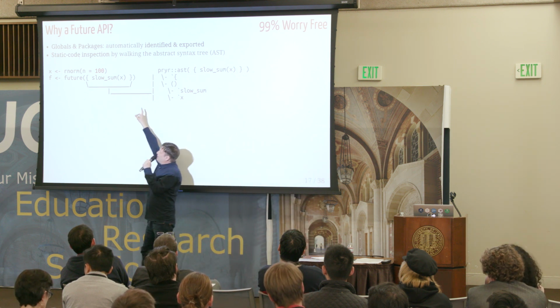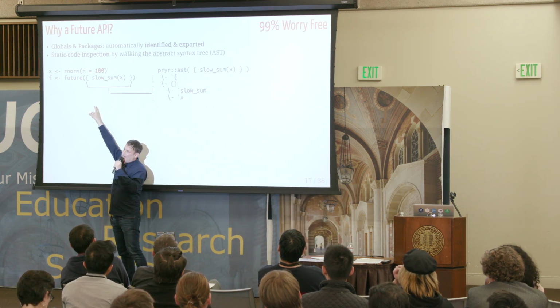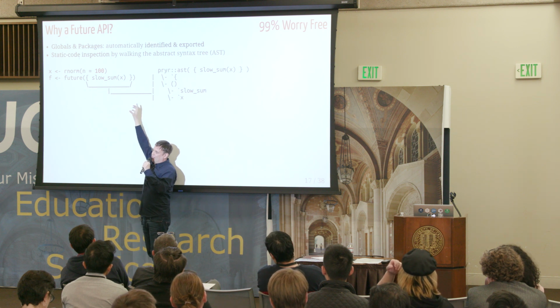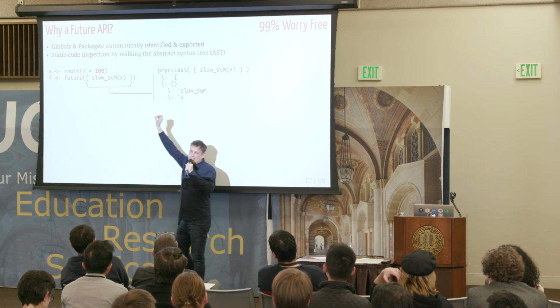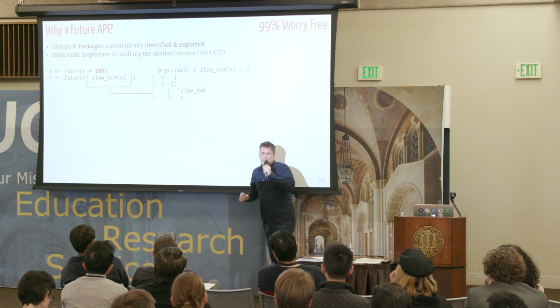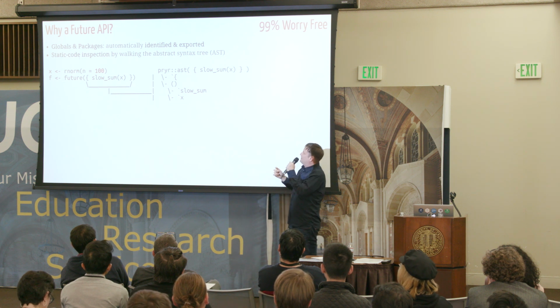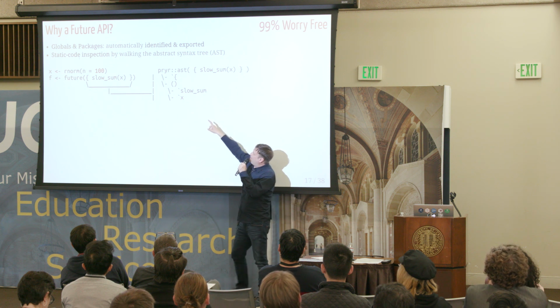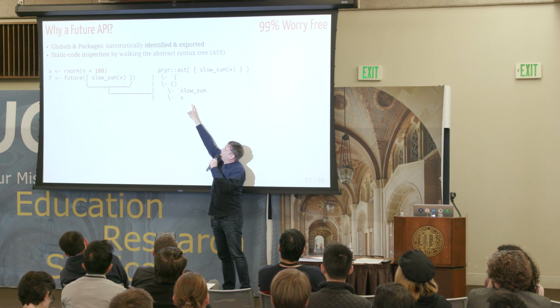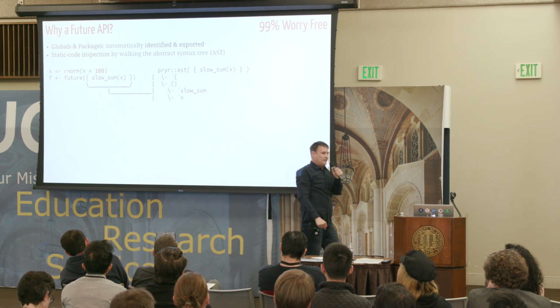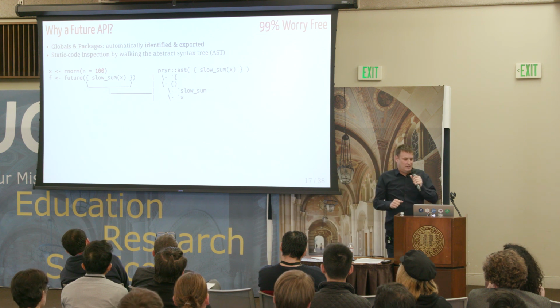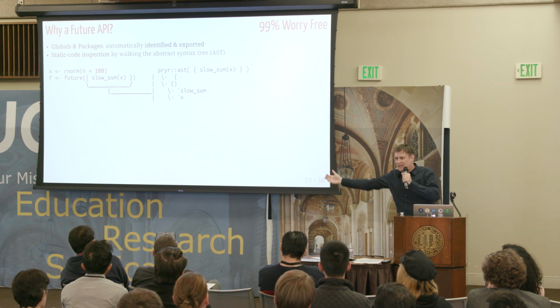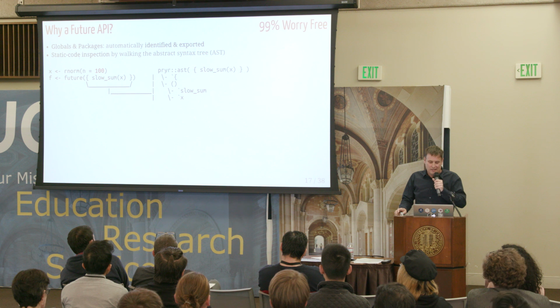The future expression here is a curly bracket, slow_fun, and you pass the object x. And code inspection is, in the computer world, an abstract syntax tree. So R sees that, and it decides that the curly bracket is a base function. I don't need to pass that along. All R instances have that.